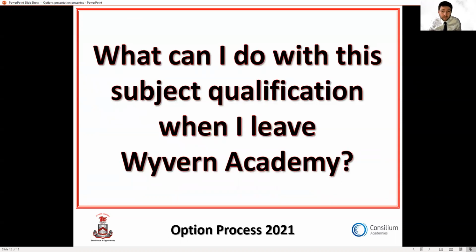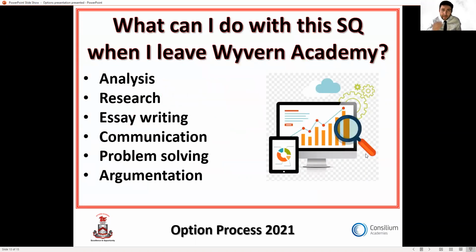More importantly, what can I do with this subject? What can you do with history as a history GCSE? Where does it take you? I've just said that it is a very difficult subject. There is a lot of writing, there is a lot of thinking, okay? But with that comes a lot of rewards.